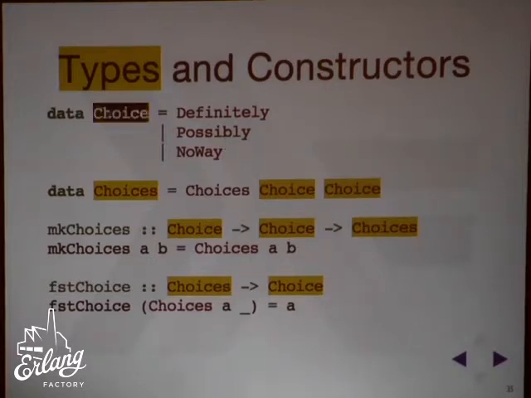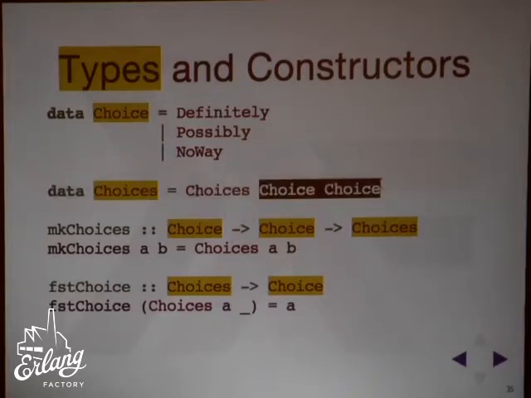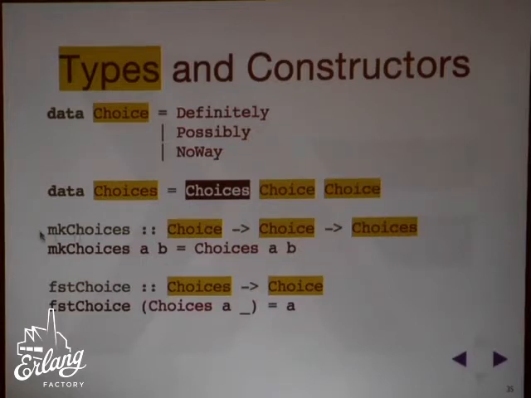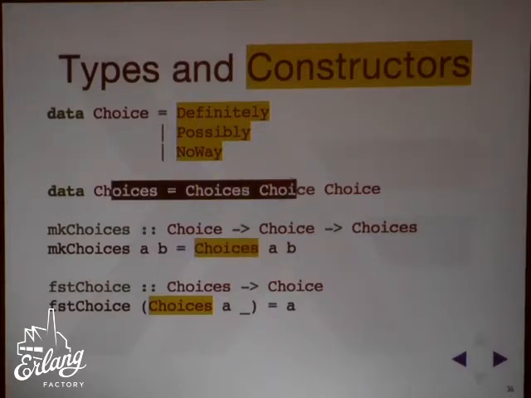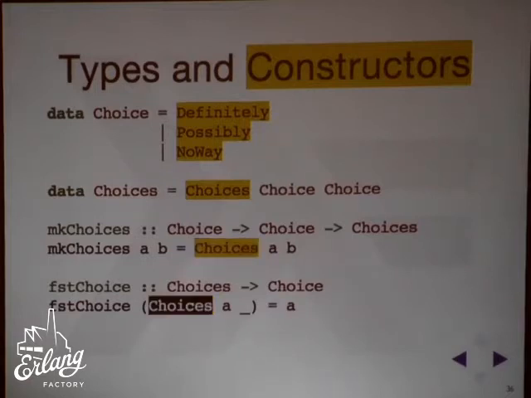So we're defining Choice and Choices, and we're using the Choice type with the Choices constructor. And of course, these type annotations are all type language. But the constructors here, Definitely, Possibly, NoWay, and Choices, are part of the value language. So you're defining it in the type language, but then you use them in the value language, just like code.